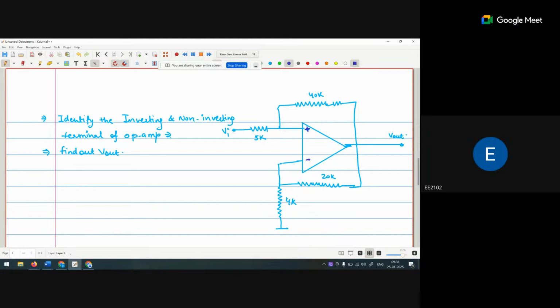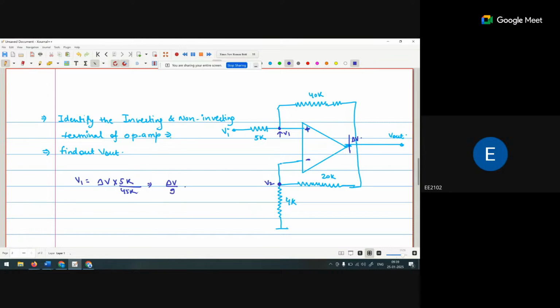Assume that the voltage at this point is V1 and the voltage at this point is V2. The value of V1, if I break the loop and change the voltage del V, is del V into 5K upon the addition of these two resistances, that is 45K. So del V by 9.